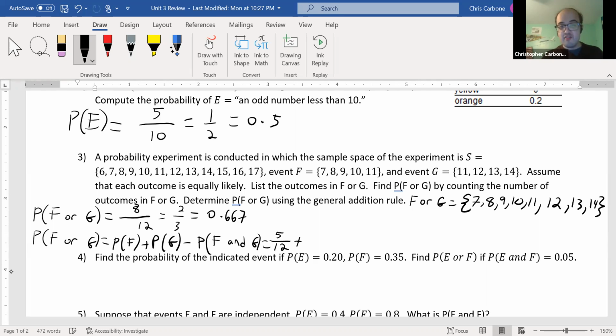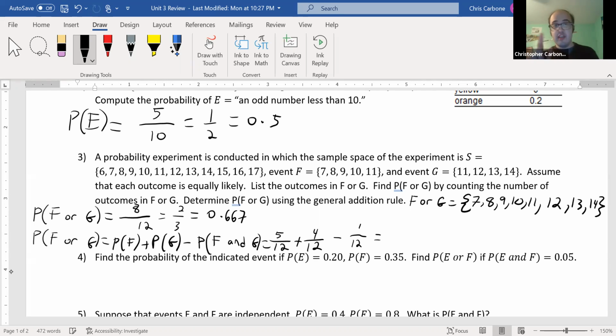In the event G, there's a total of 4 out of 12. And the events F and G just share one number, the number 11. So we're going to subtract 1/12.